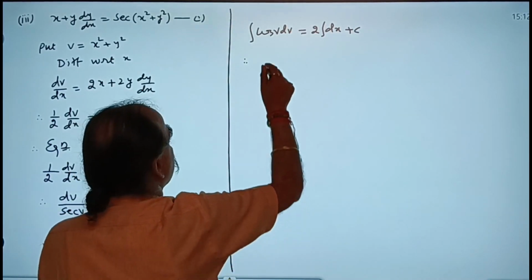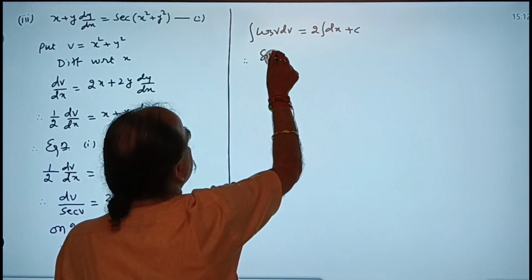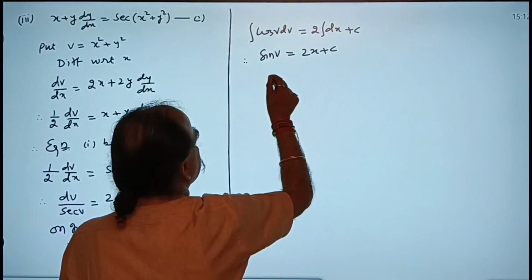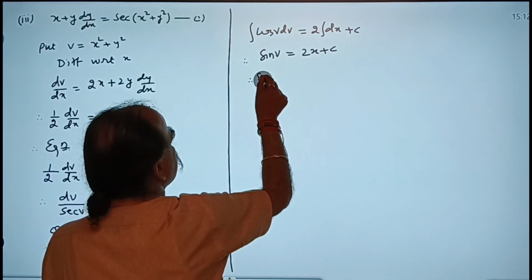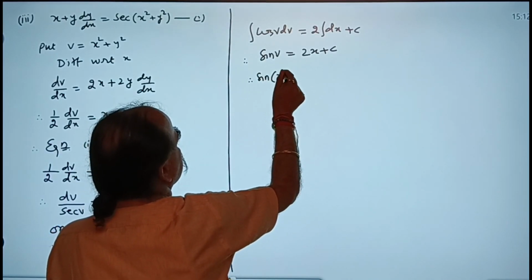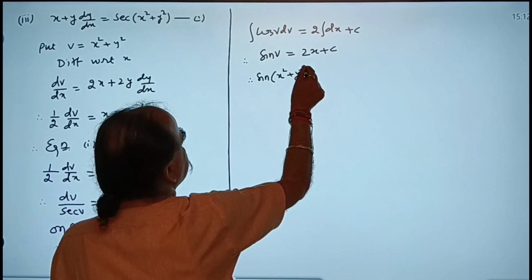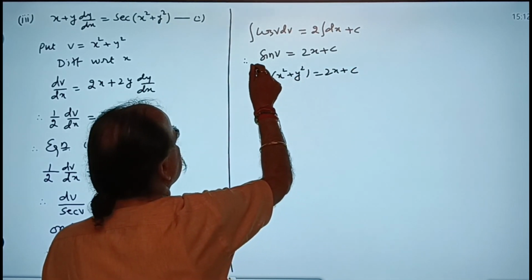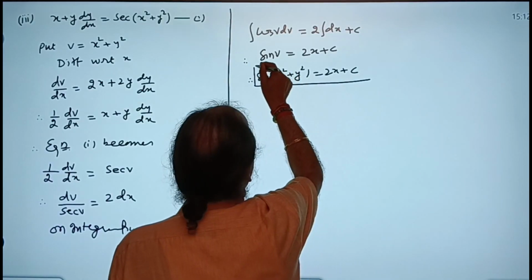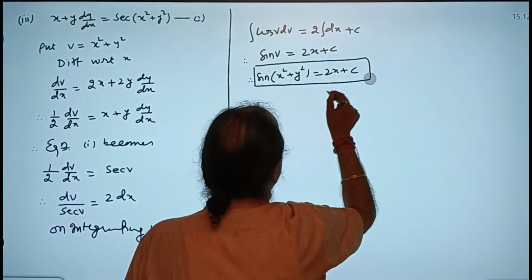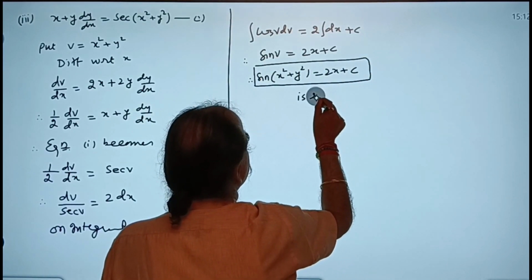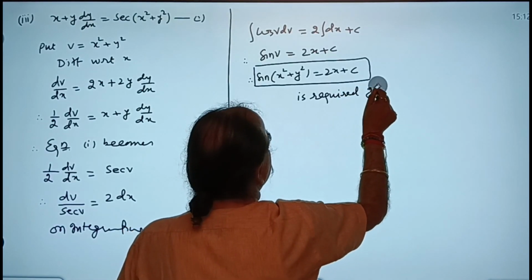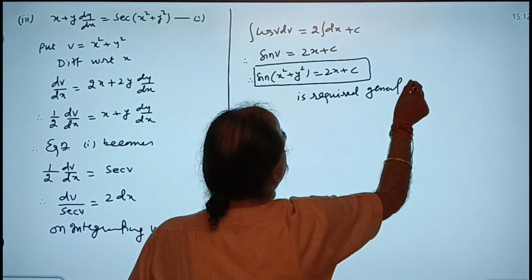Integration of cos v is what? Sin v is equal to 2x plus c. Sin of x square plus y square is equal to 2x plus c is a required general solution.